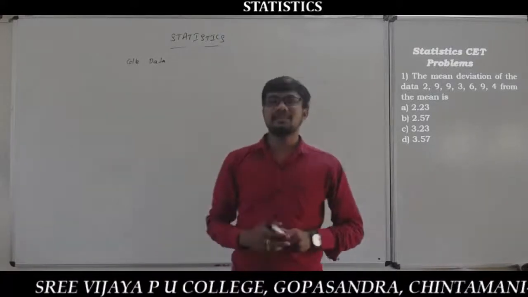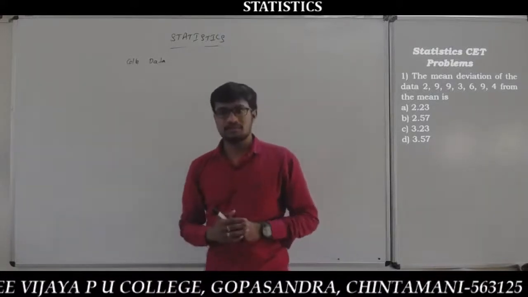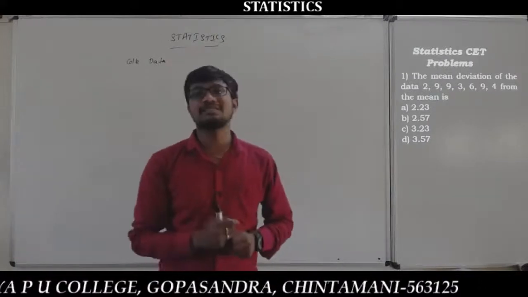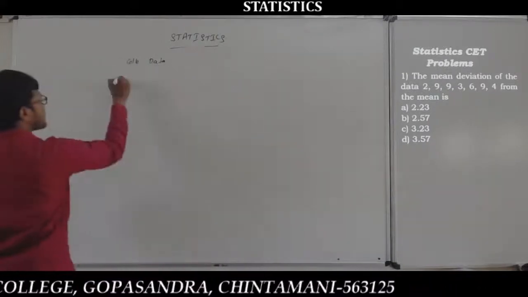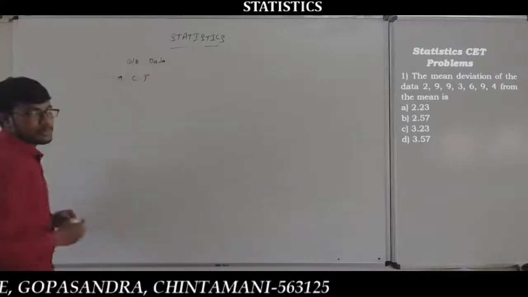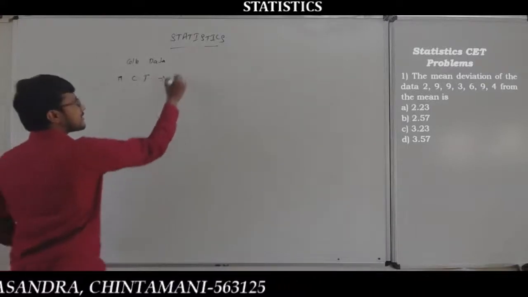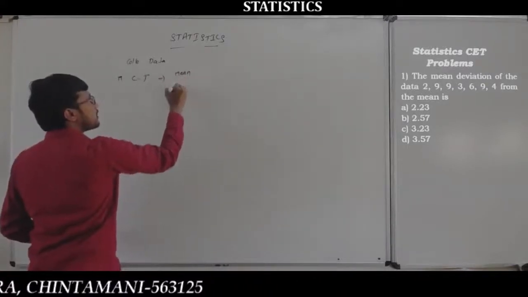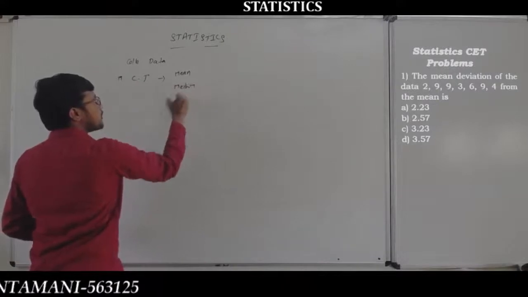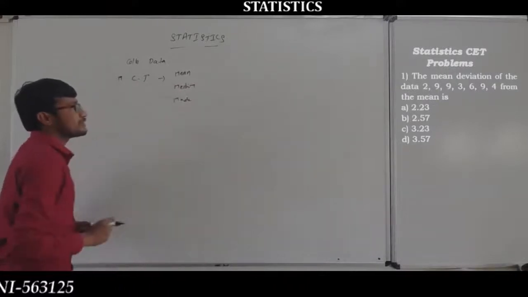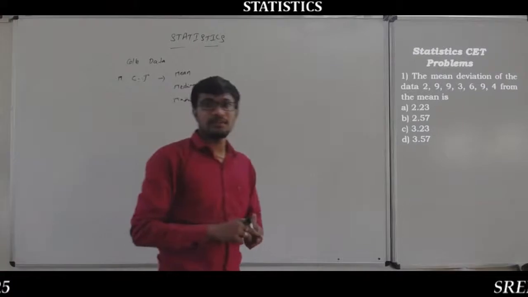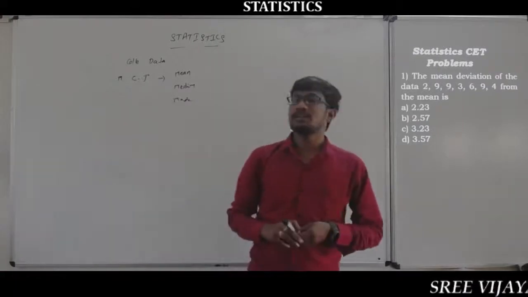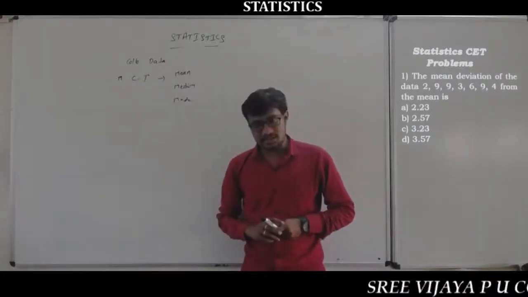That collection may be interpreted by using the concepts of measures of central tendency. What are the measures of central tendency? Mean, median and mode. These are the three measures of central tendency we can use in statistics.